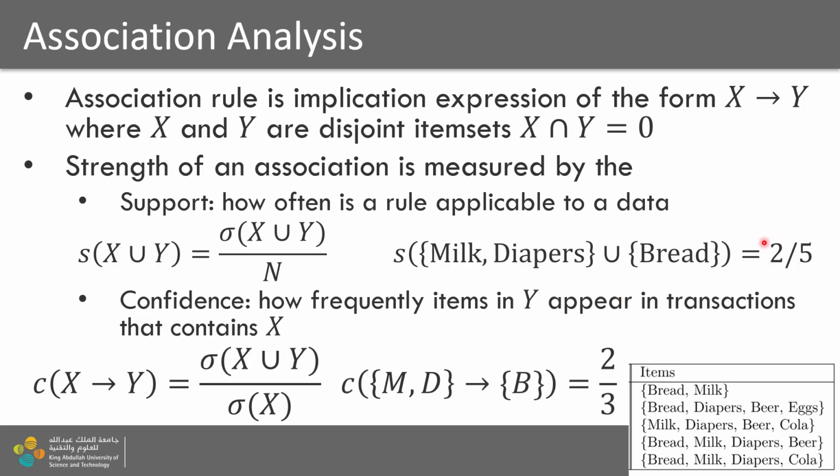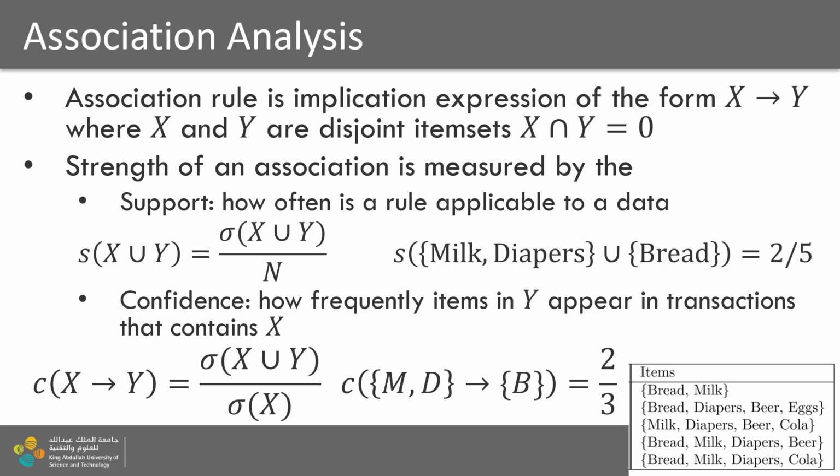So 2/5 is the support. So this could be a parameter for our association analysis. How big a support do we want to have for our association rules?